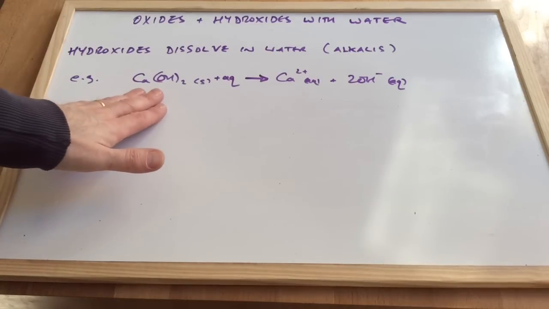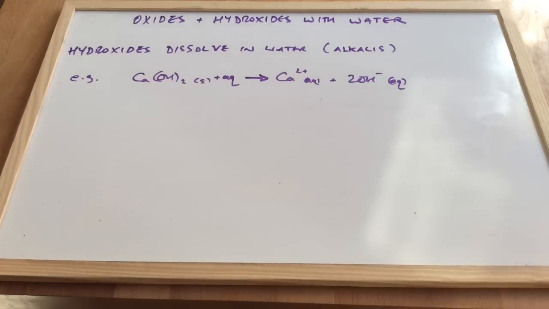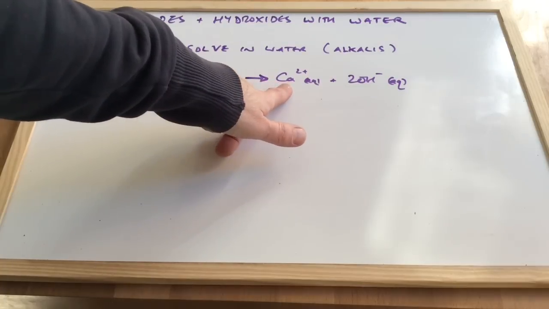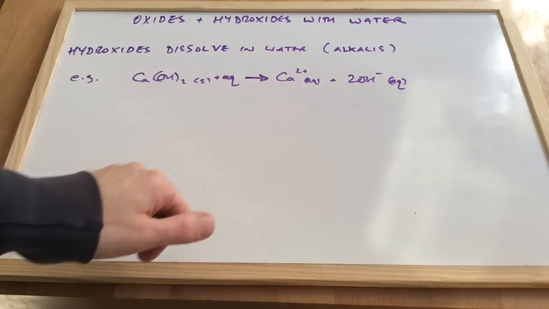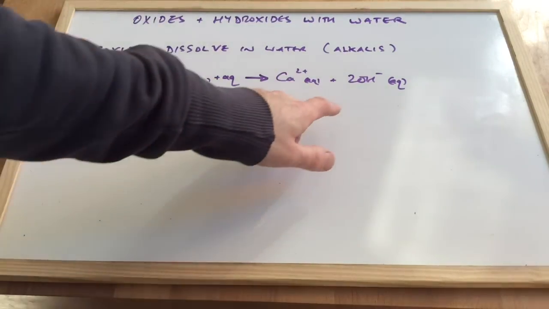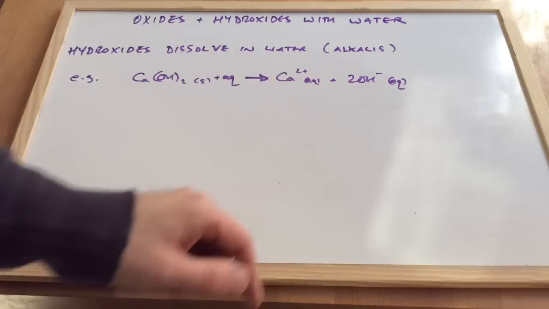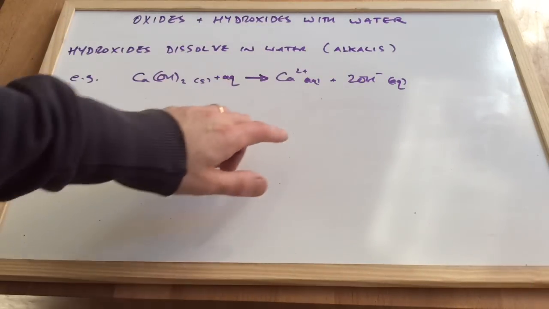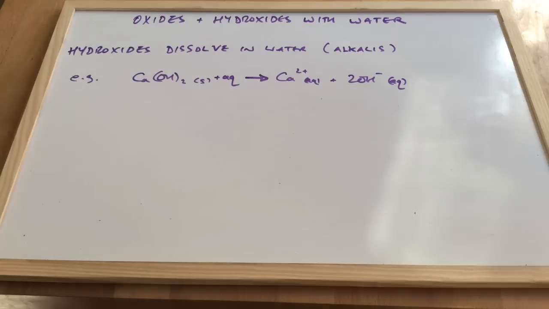So if you took some solid calcium hydroxide and popped it in some water, it would basically just dissociate into its ions, which are Ca2+, so you'd have aqueous Ca2+ ions in there, and you'd have aqueous hydroxide ions in there as well. And obviously these ions are responsible for the pH being quite high, so again sort of pH in the order of 10, 11, 12.